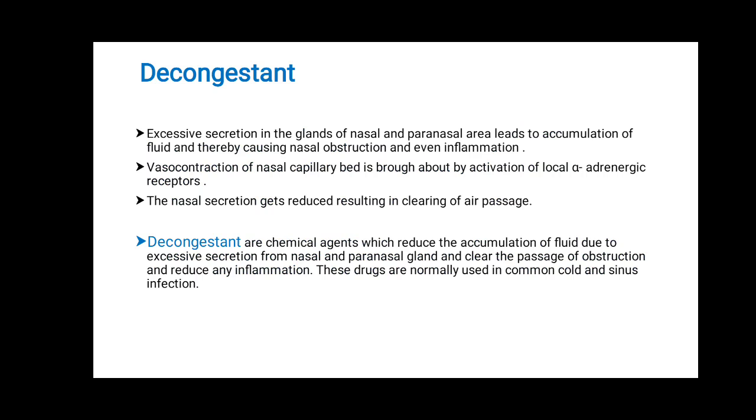Thus the vasoconstriction of the nasal capillary bed is brought about by activation of local alpha adrenergic receptors. The nasal secretion gets reduced, resulting in clearing of the air passage.